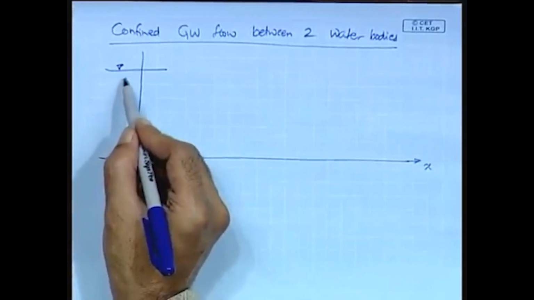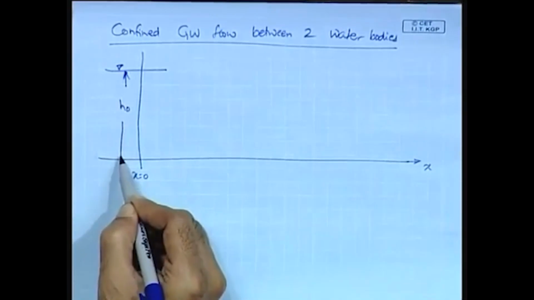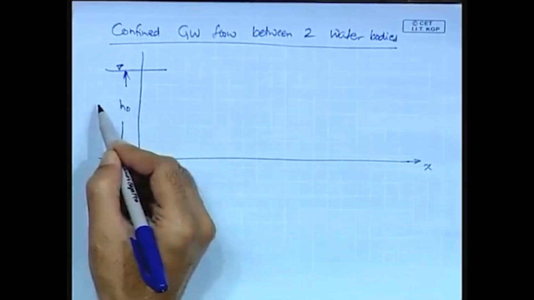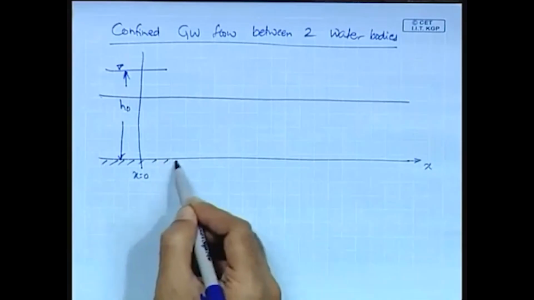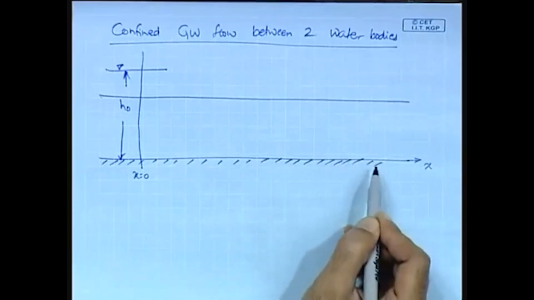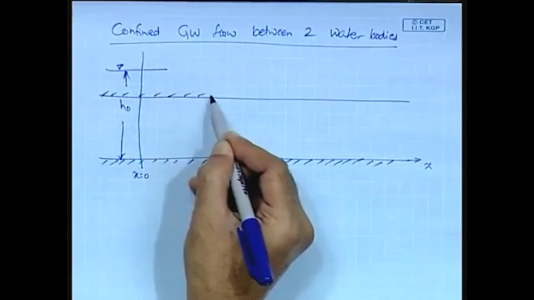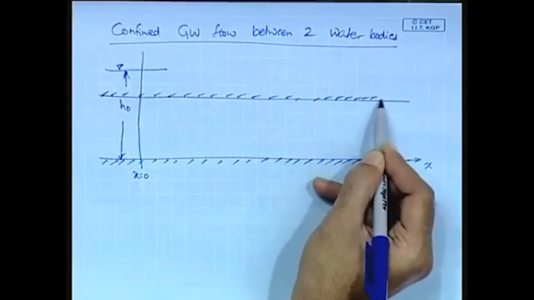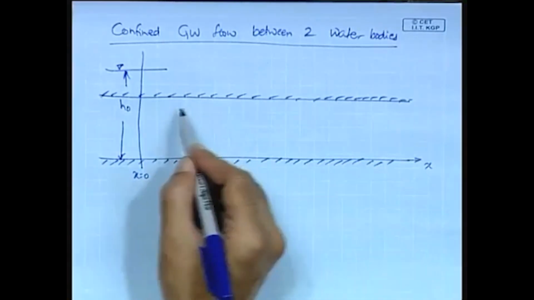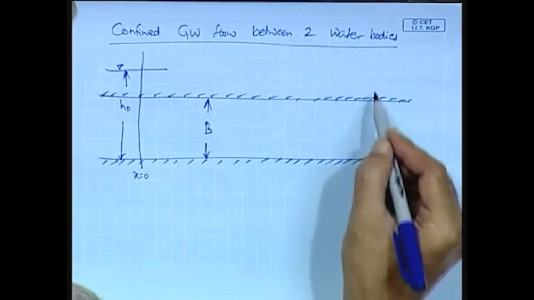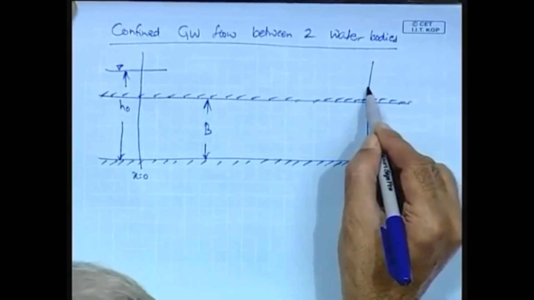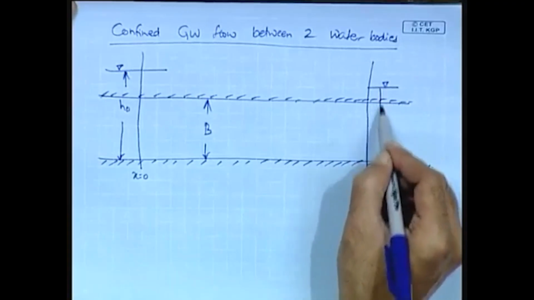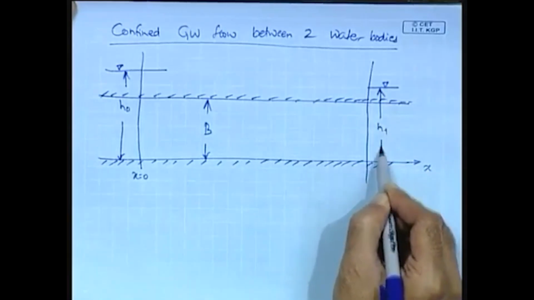So this is the water level at the upstream water body where the head is h 0, and of course here we have the top and bottom confining layers, that is the impervious layers of this confined aquifer having a thickness b, and here this is the downstream water body where the head is h 1.